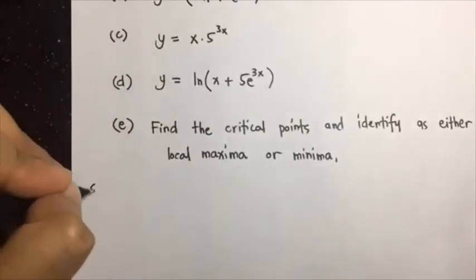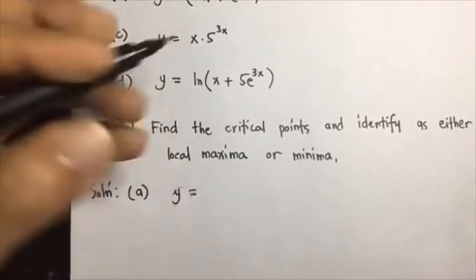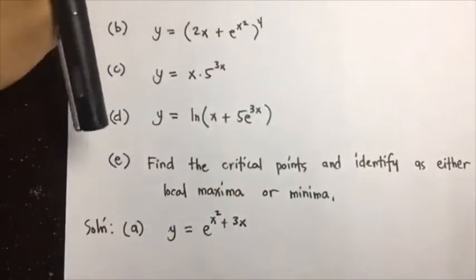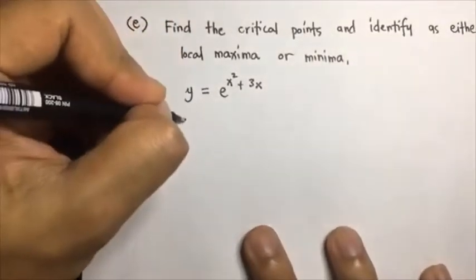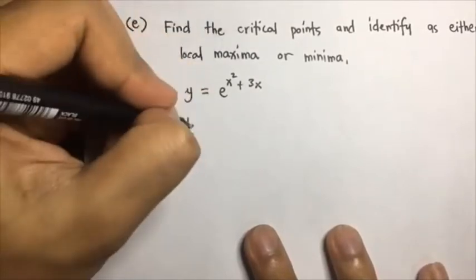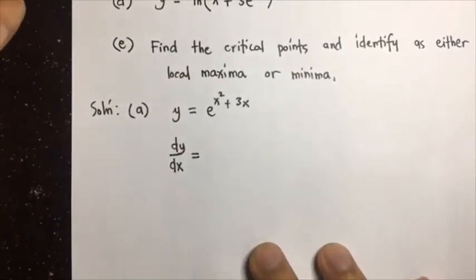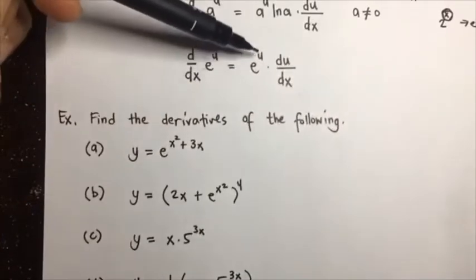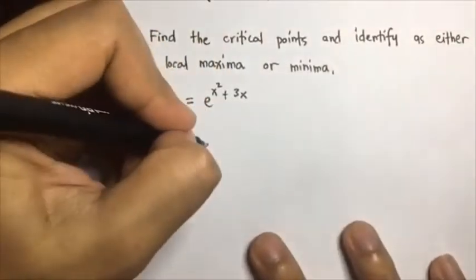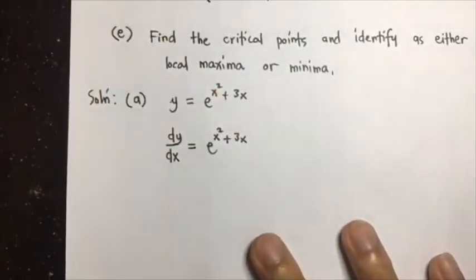Okay, so solution for letter A, you have y is equal to e raised to x squared plus 3x. Okay, so its derivative with respect to x, the derivative of y with respect to x is equal to, all we need to do is use this formula. So copy e to the u, so e to the u is e raised to x squared plus 3x.